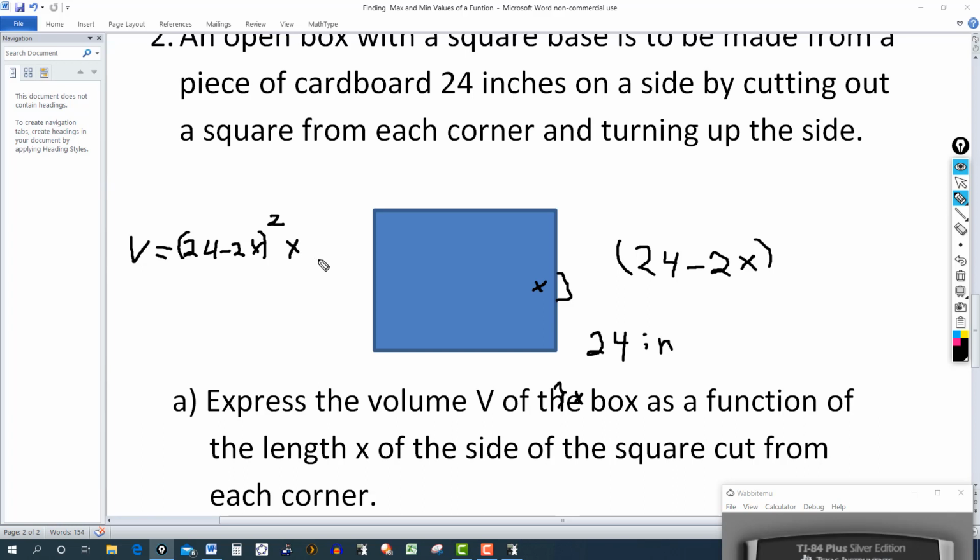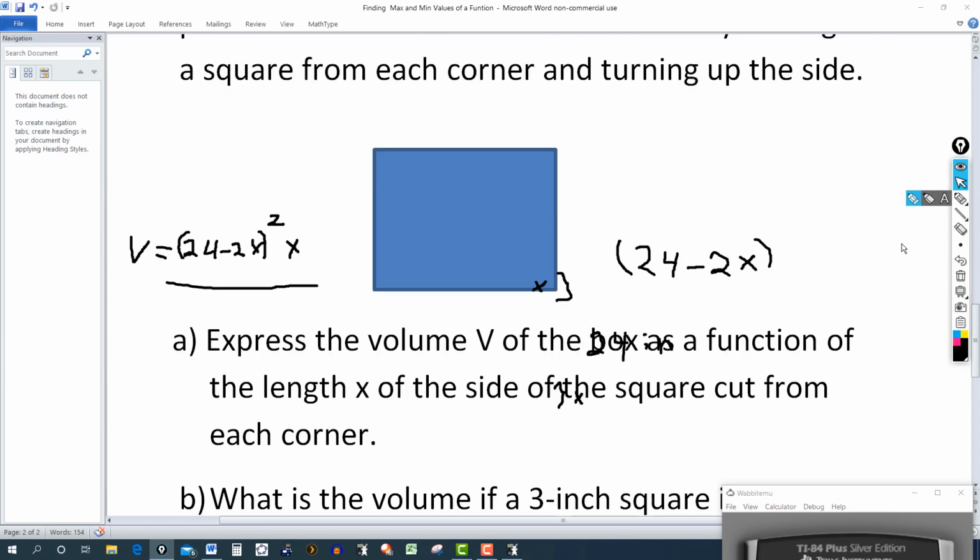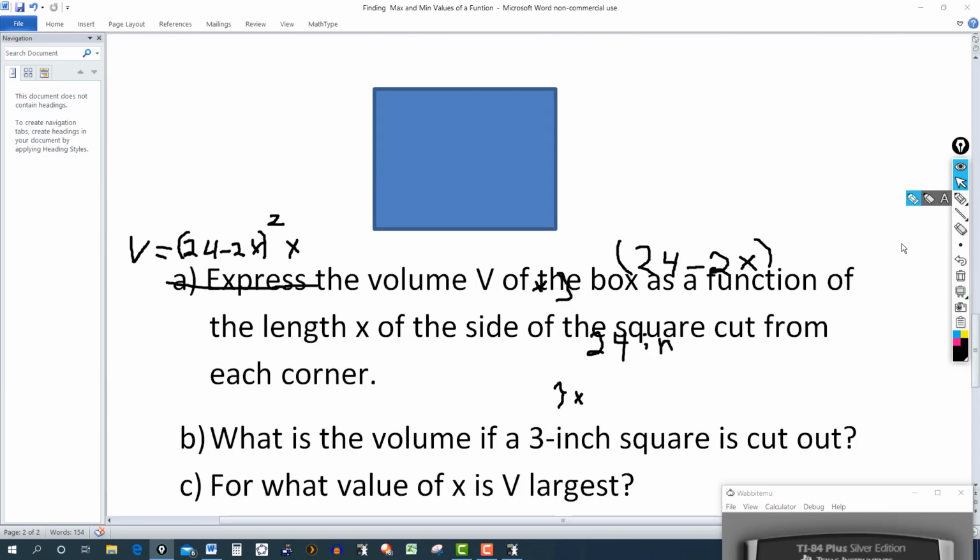So express the volume V of the box as a function of the length x of the side of the square cut from each corner. Well, it's going to be this. Okay, that's your function representing the volume. And then for part B and C, okay, so let's look at B. What is the volume if a 3-inch square is cut out?